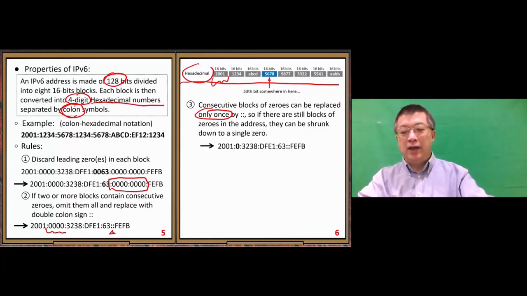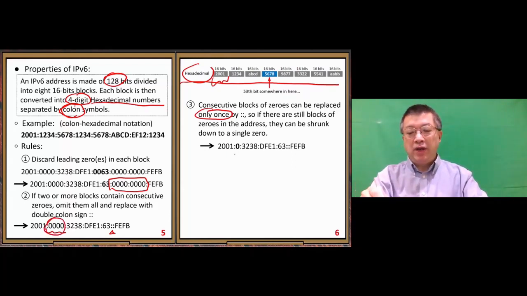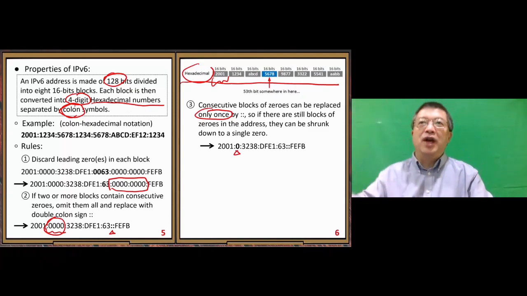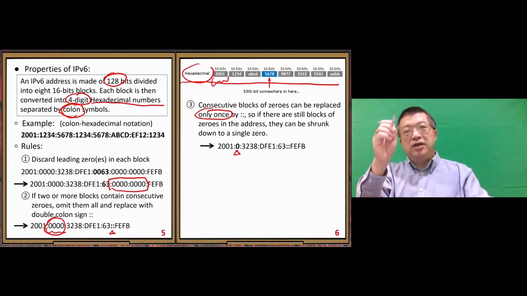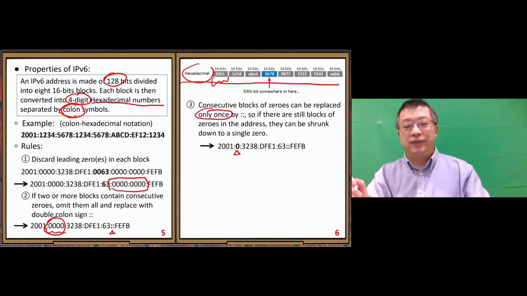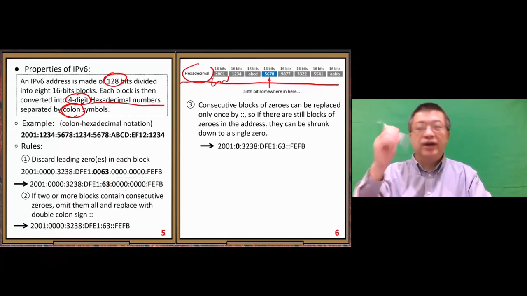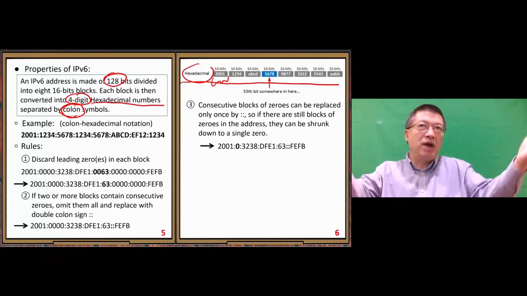The example is this. For this block, we replace it by 1 zero digit. Here we'd better say digit, not bit; bit we only use for 0 or 1, but here it is a hexadecimal digit. So we only learn these 3 rules, and we get some idea of IPv6 addresses.